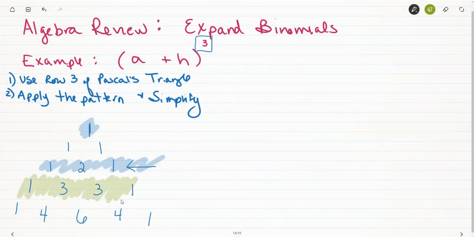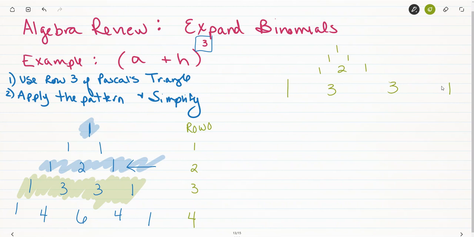This is what we're going to call row 3 of Pascal's triangle, because we call this row 0, row 1, row 2. So you'll see that I ended with row 4. So the way we describe the row numbers, the top row we describe as row 0. So the first step is to know where row 3 is. So if I were to use this, my row 3 would be 1, 3, 3, 1.